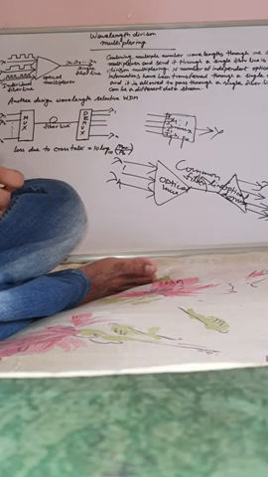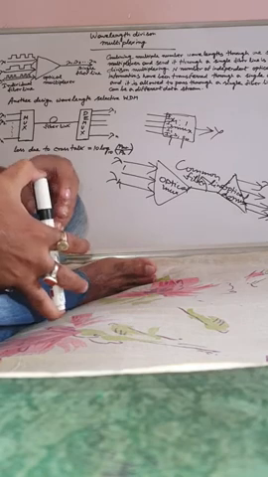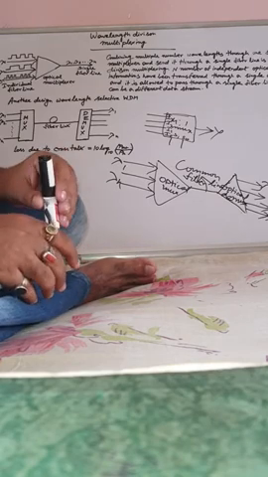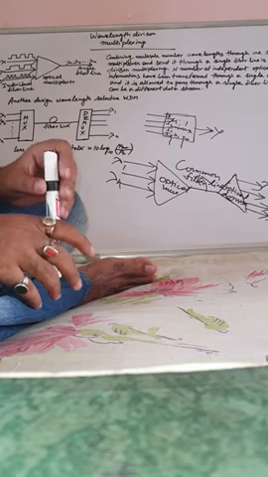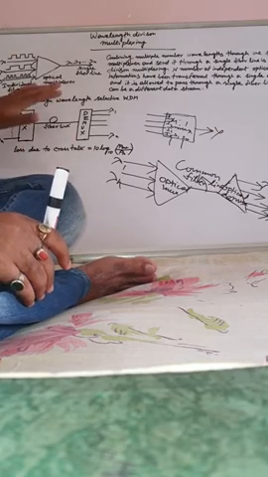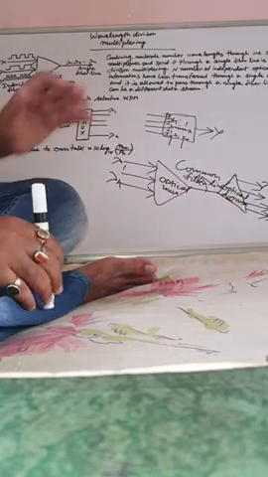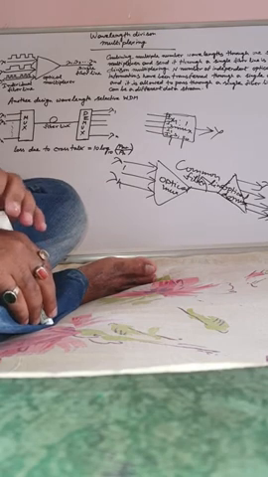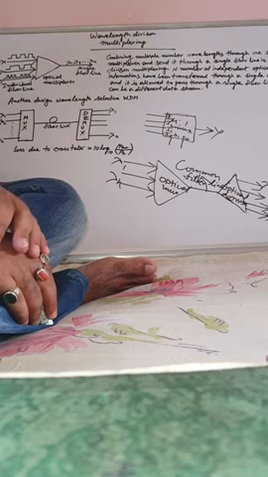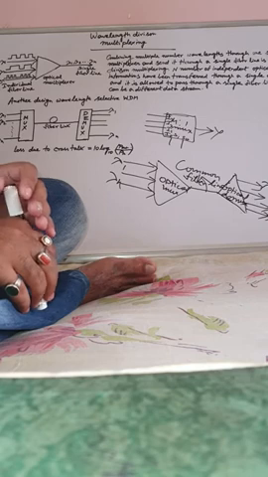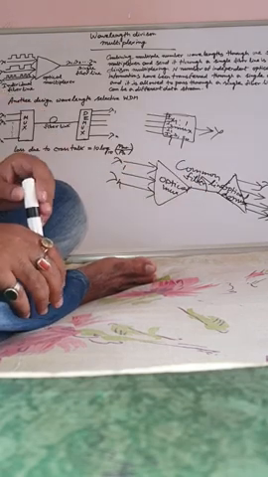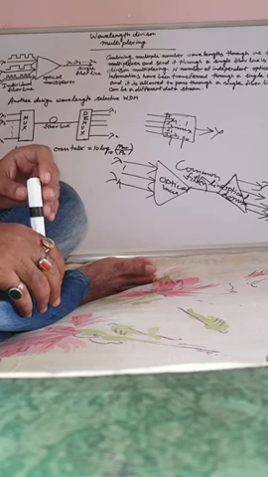You just need to study a bit, and then you don't need to bother about anything else. In the exam, you can draw these two diagrams. This is mux, this is demux. Mux is used for multiplexing the input data of different wavelengths. Demux is used for demultiplexing and separating the original waveform pattern from the multiplexed data. This common fiber link is used to send the multiplexed data after multiplexing.